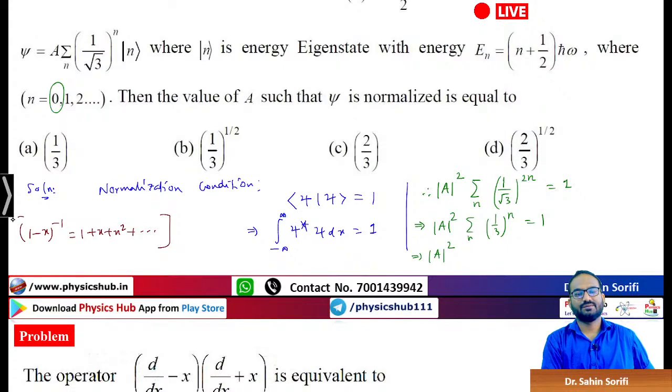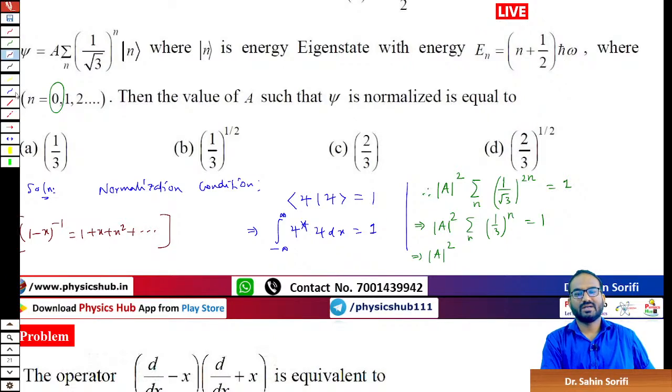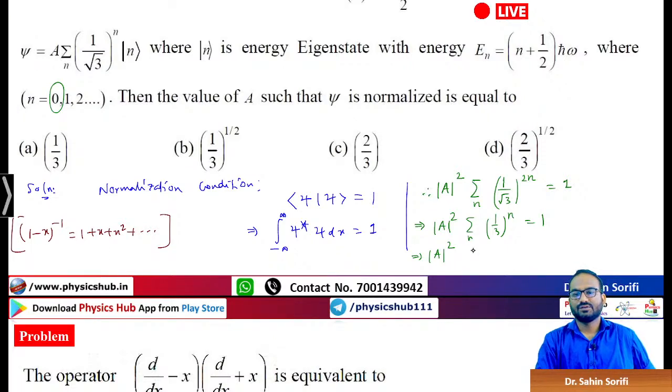This is the formula we know. So this is 1 by 1 minus x. So 1 by 1 minus x is 1 by 3, so this is 2 by 3, so 3 by 2.